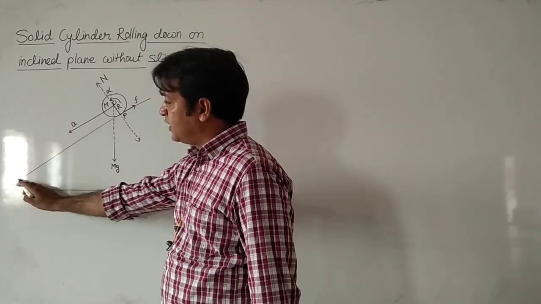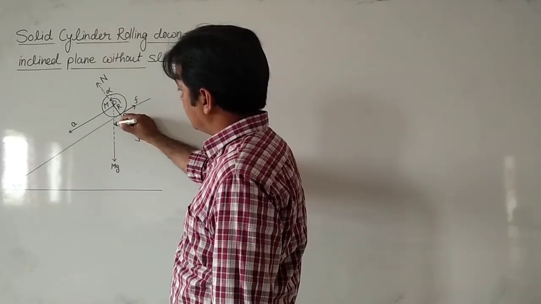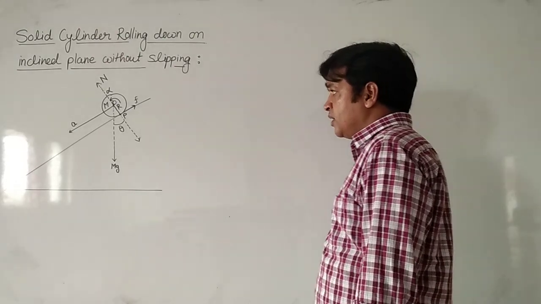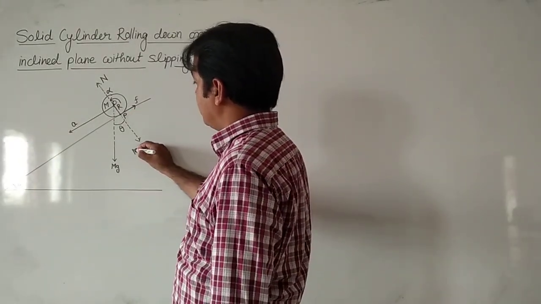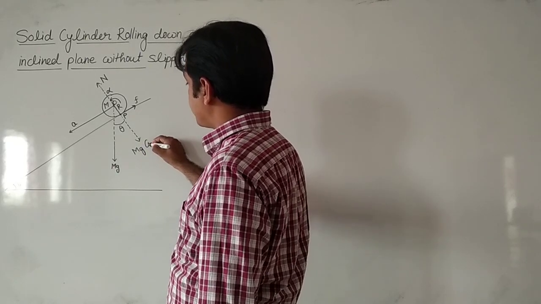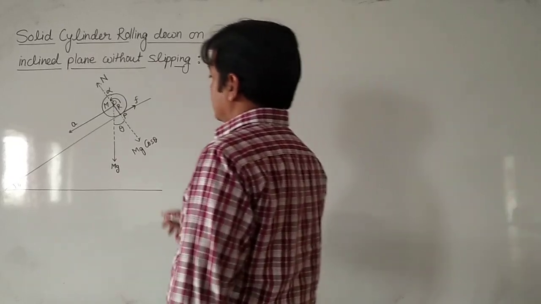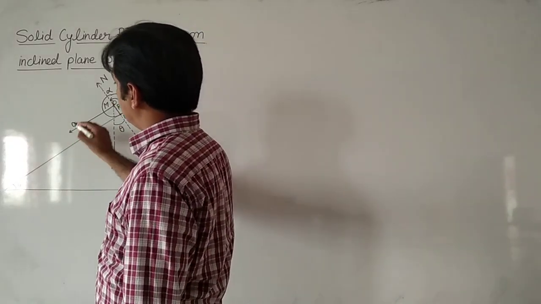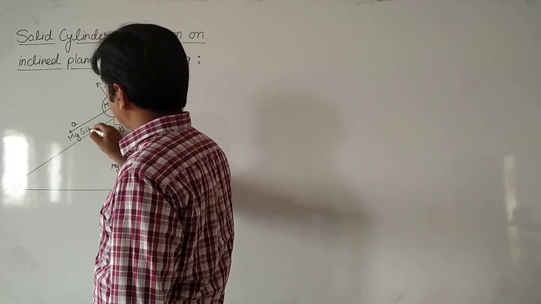If this angle is theta, the inclined plane angle, and this angle is also theta by the geometrical method, then the component of mg along this side will be mg cos theta, and the perpendicular component along this side is mg sin theta.